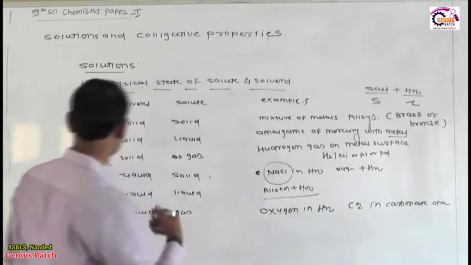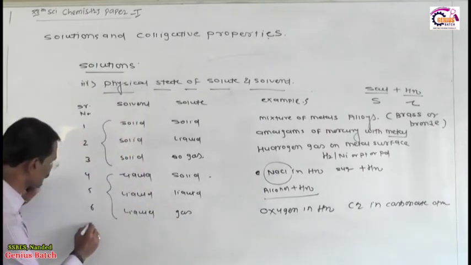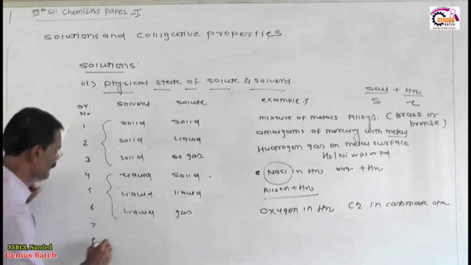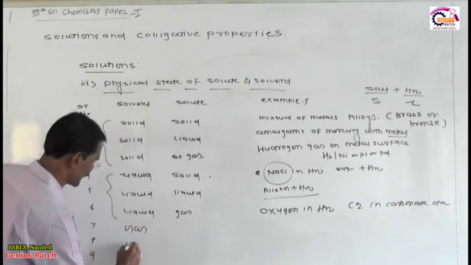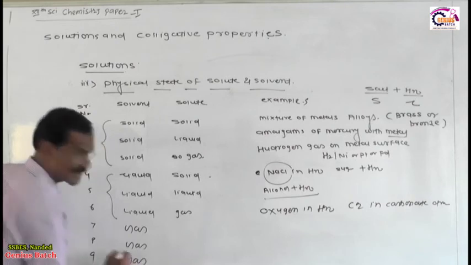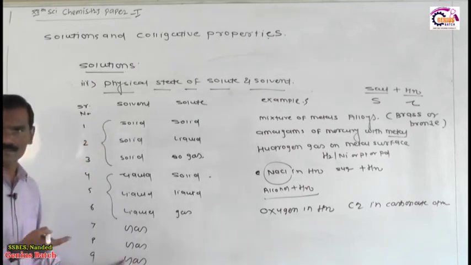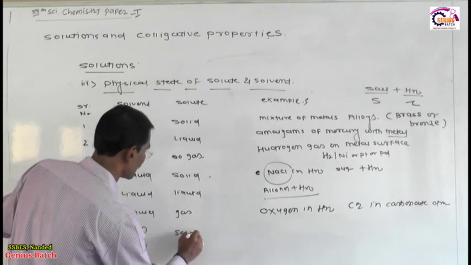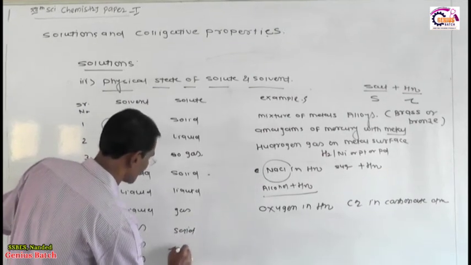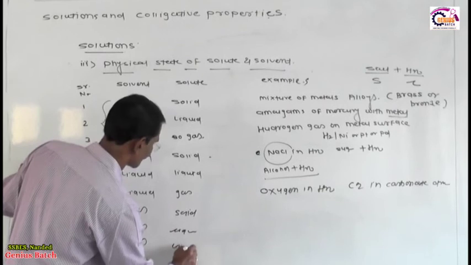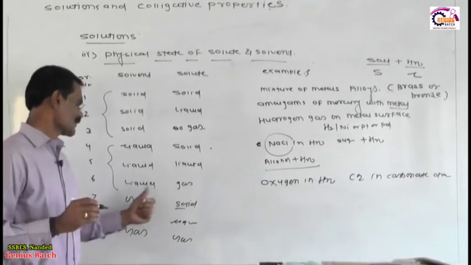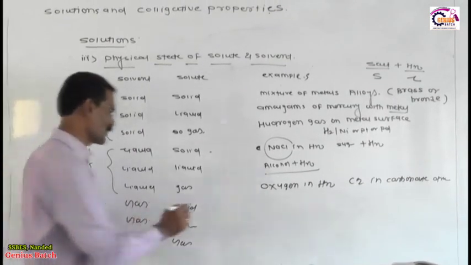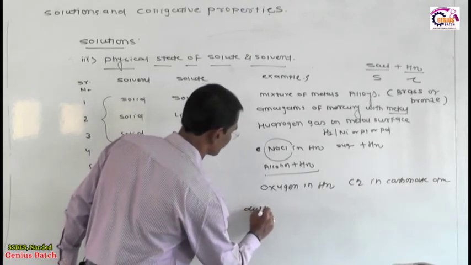Now dear student, the last type, which is 7, 8 and 9, is the gaseous solution. First you see gas in solid, the second gas in liquid, and finally gas in gas. Solid is the smaller component, gas is the major component. This is like dust particles present in air.